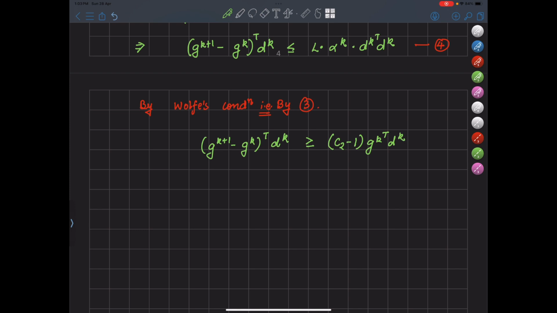So what we can write from 4 and 3 is this.